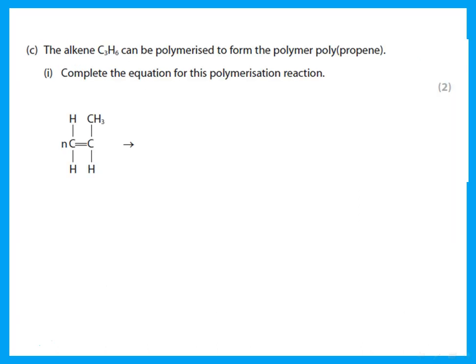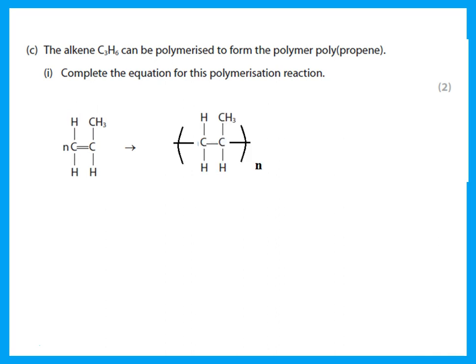The alkene C3H6 can be polymerized to form the polymer polypropene. Complete the equation. Again, if I'm starting with propene and I want to draw the polymer, how do we draw polymers? We said I open the double bond, make it into a single bond, put a new bond after and a new bond before, close the bracket to indicate that this unit is repeated many times, so it is repeated n times, and then whatever was bonded to each carbon, I copy it.